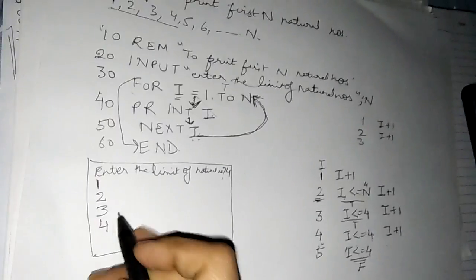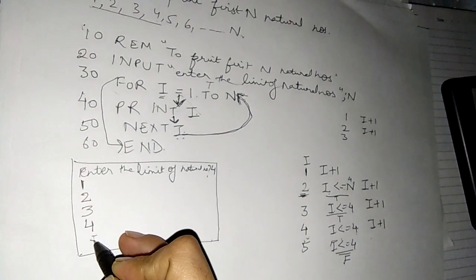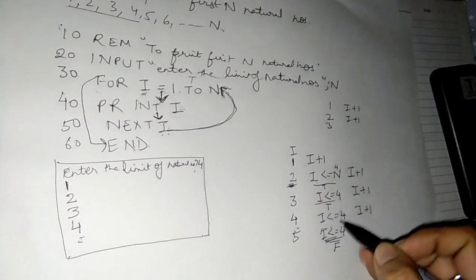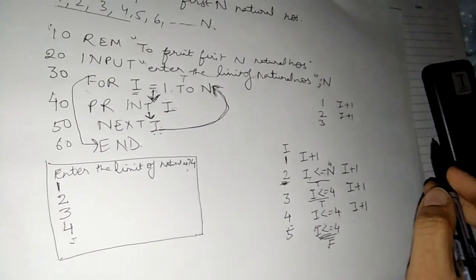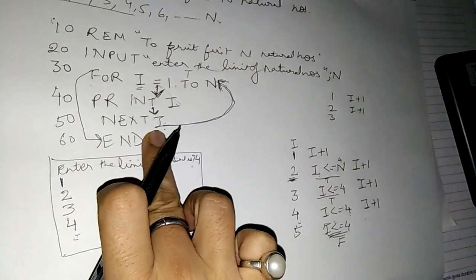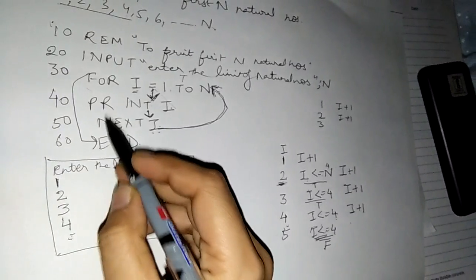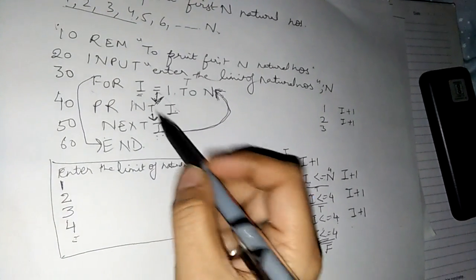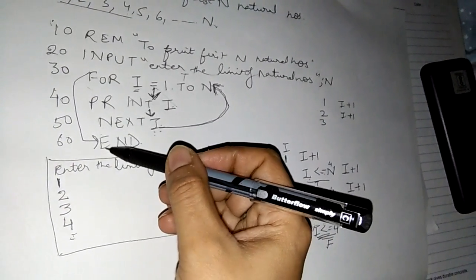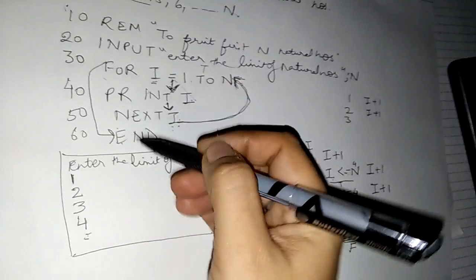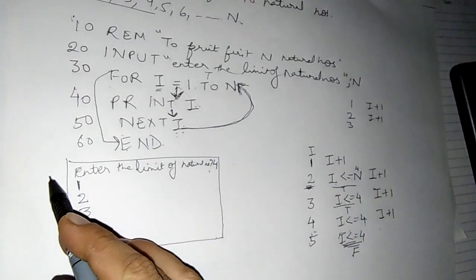Now the program will end, because when this condition becomes false, your loop terminates. If there is some other statement after this NEXT I, that will be executed. As there is no other statement, END is there, so the program will end. Okay, so this is the output.